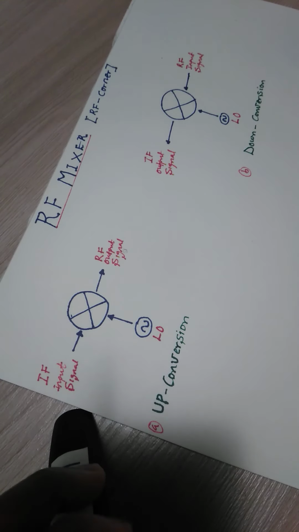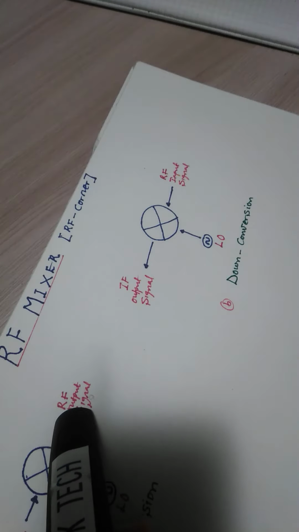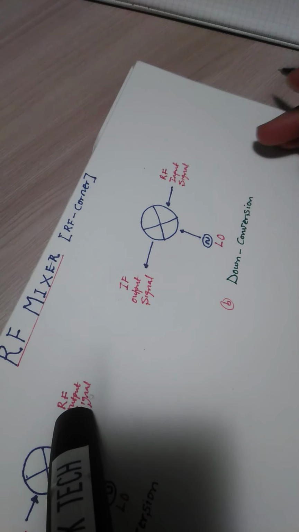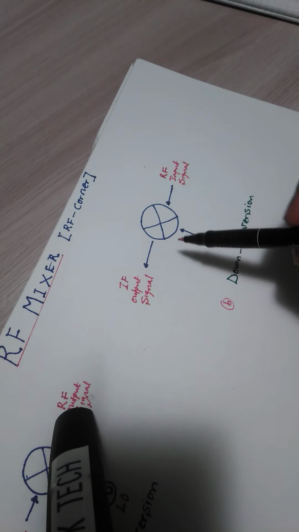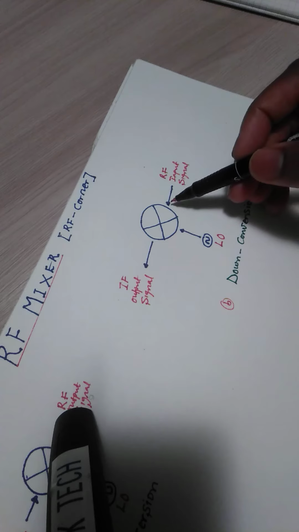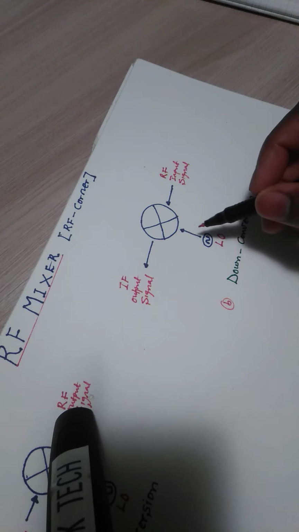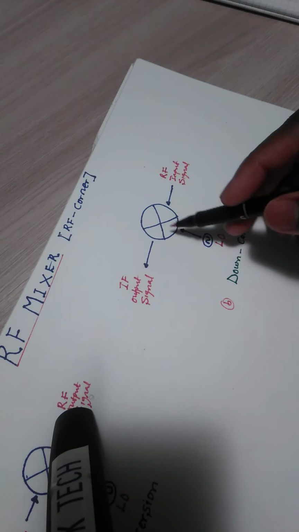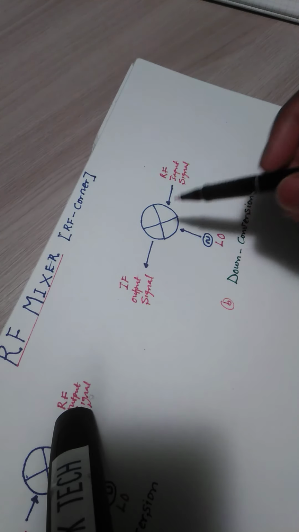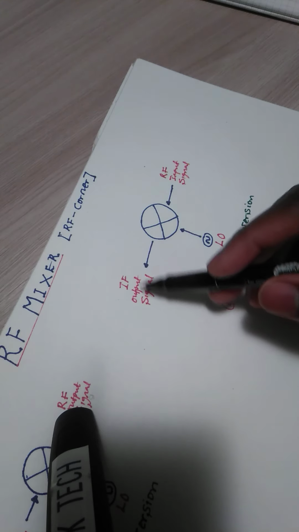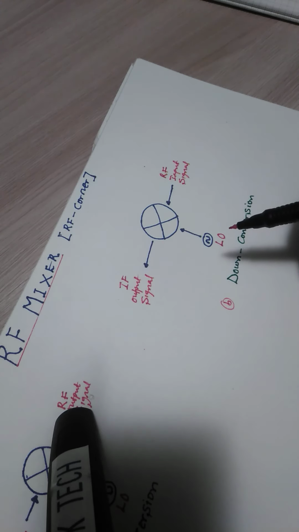And in another case, let me position the camera so you can see clearly. In another case, we could have a case where we have this as the RF input signal, and we have the local oscillator as also an input signal, and you mix them nonlinearly, and you are outputting an intermediate frequency output signal.